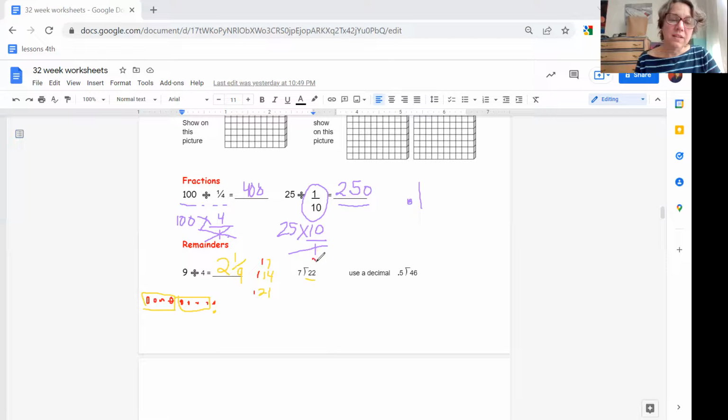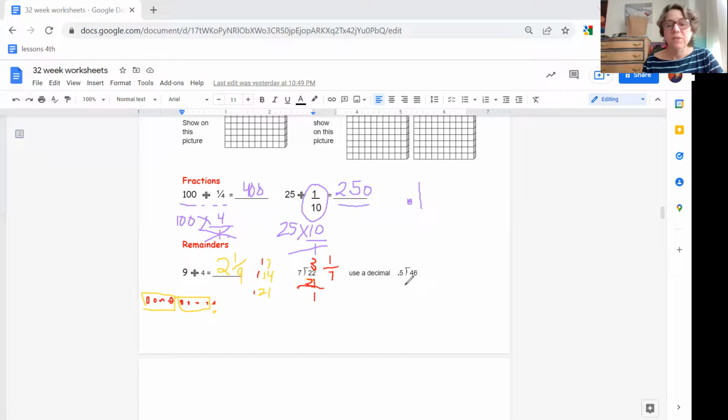Okay. So the answer, is it 3? Not quite, because we have 3 times 7 is 21. And we have 1 left over. So again, we can do 1/7. 3 and 1/7 is the answer. 3 and 1/7.